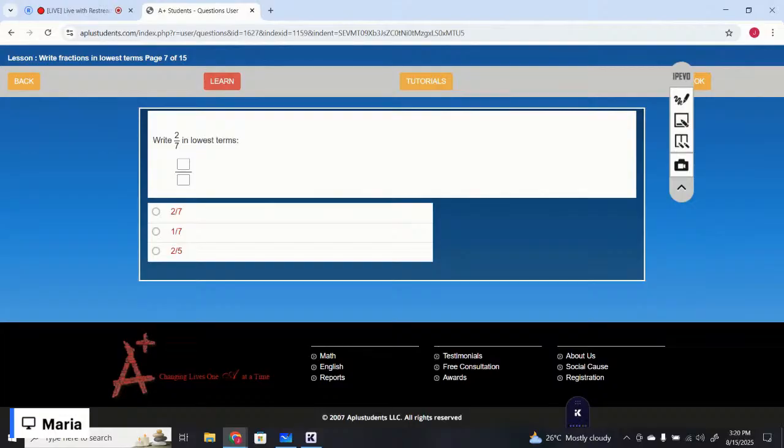Write 2 by 7 in lowest terms. 2 by 7 is already in lowest terms. Option number 1 is the correct option.